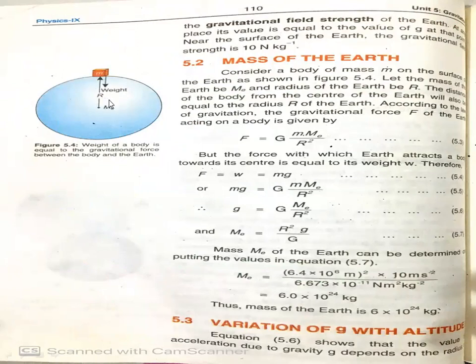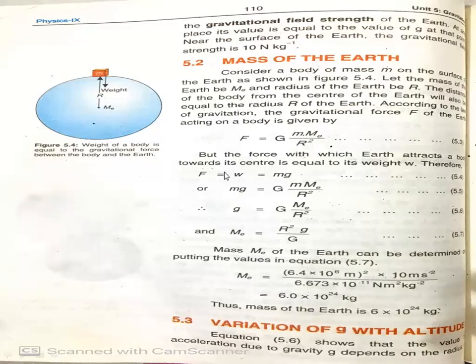I write the law of gravitation in terms of these two. Body small m, capital G is the gravitational constant, and M_E is the mass of the earth. r is the distance between these two. So the law of gravitation becomes F = G m M_E / r².